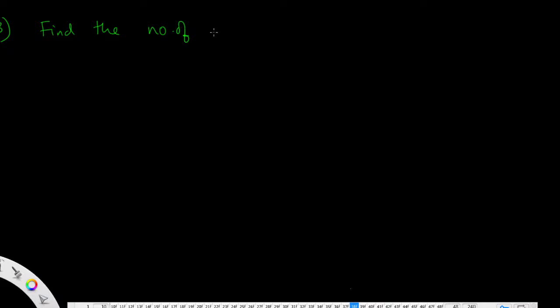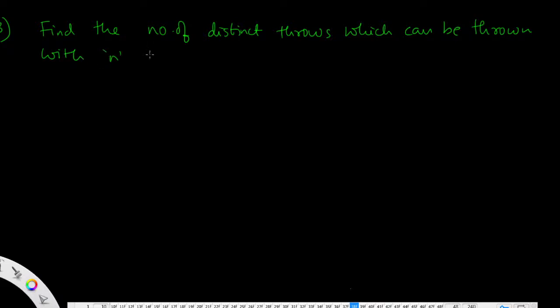Find the number of distinct throws which can be thrown with n six-faced dice which are indistinguishable among themselves.